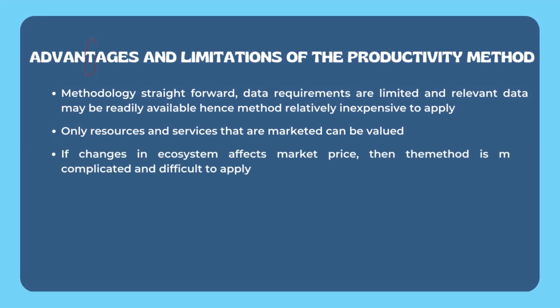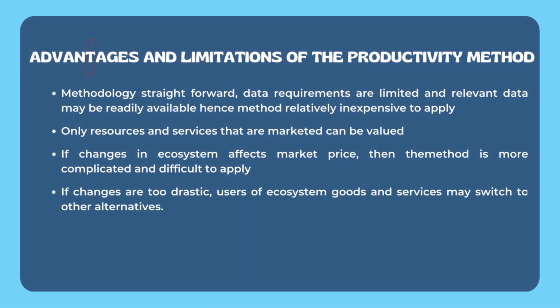If changes in the ecosystem affect the market, then the method is going to be more complicated and difficult to apply, because then change in market values has also to be included in this method. If changes are too drastic, again users of ecosystem goods and services may switch to other alternatives. So in that case also, this approach will not be a very meaningful approach to be implemented.